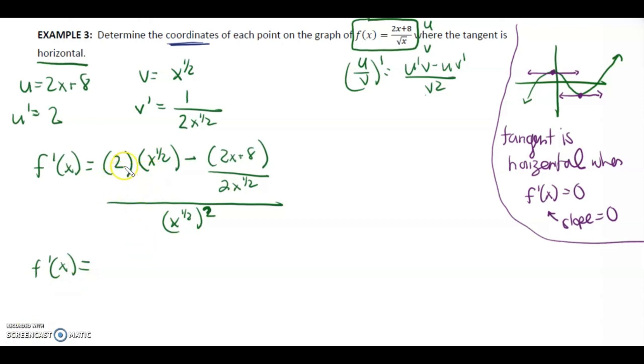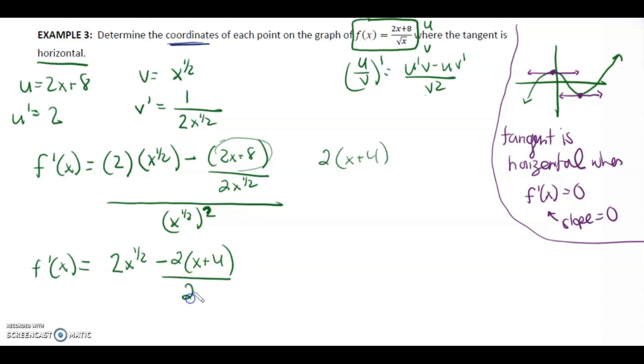All right, let's simplify this a bit. So I'm going to write this as 2x to the 1/2. Now, in this numerator, the 2 can factor out. So x plus 4, that's what it would factor out to. So minus 2x plus 4, that's fine.